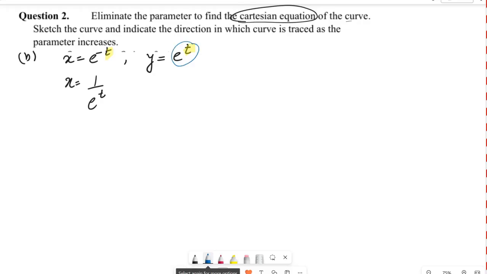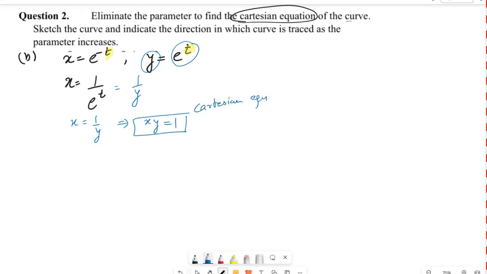But e to the power t is equal to what? y. So this can be written as x is equal to 1 by y. So x is equal to 1 by y, meaning xy equal to 1. So this is the Cartesian equation we are asking about, right? Or you can also write it as y equal to 1 by x.